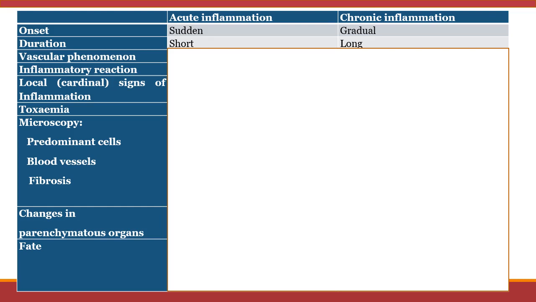Next, the vascular phenomena. What are the vascular changes in acute inflammation, and what are the vascular reactions in chronic inflammation? The vascular phenomena in acute inflammation are represented by vascular dilatation, and increased vascular permeability is very prominent and very important in the reaction.